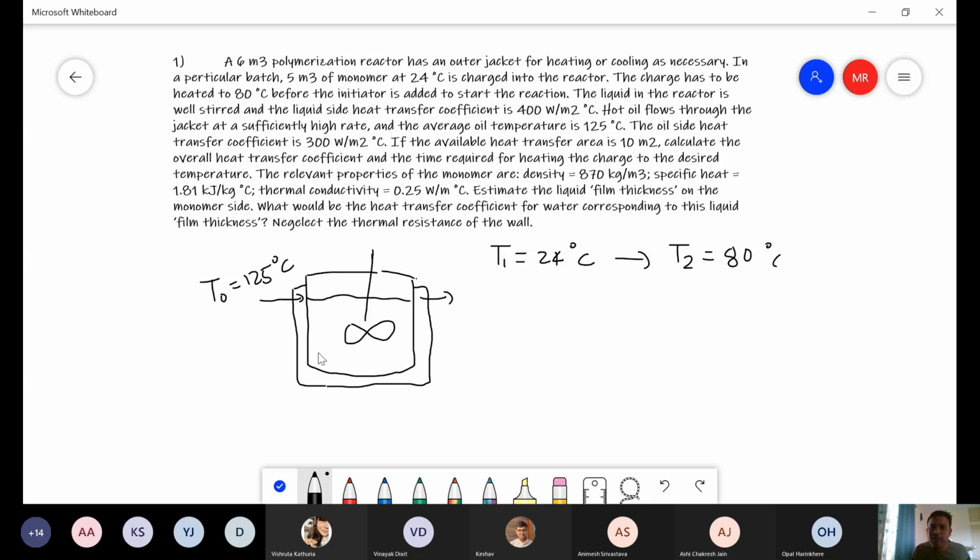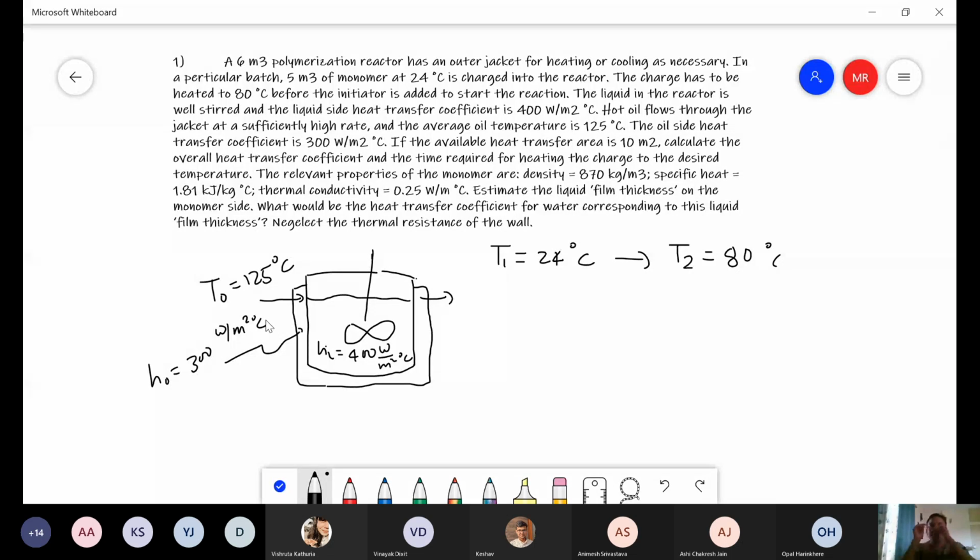Okay. Again, what has been given is the heat transfer coefficient. Hi, inside on the monomer liquid side, is given as 400 watt per meter square degree Celsius, and the outside heat transfer coefficient, Ho, the oil side heat transfer coefficient, is given as 300 watt per meter square degree Celsius.